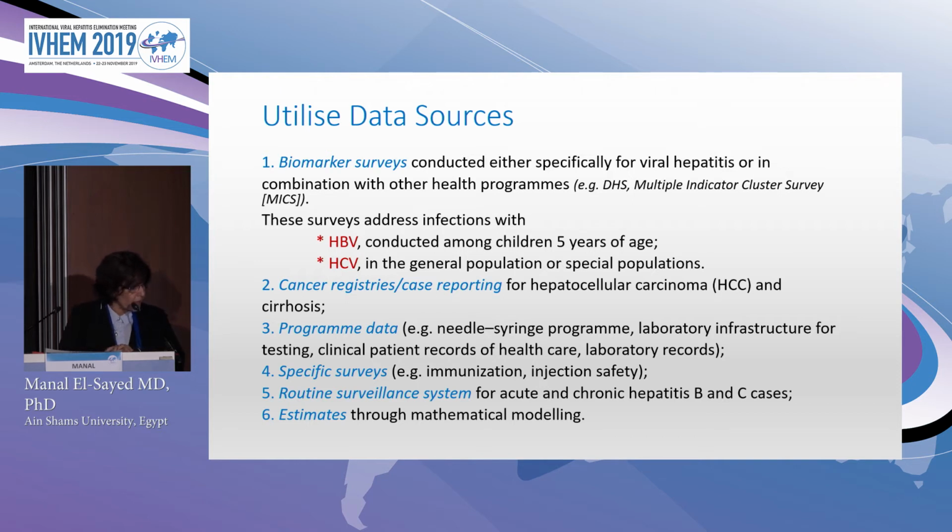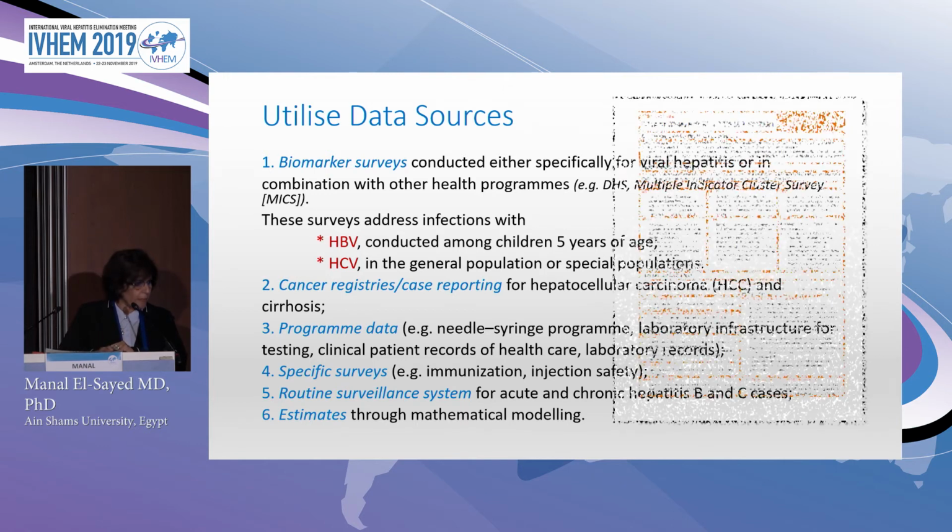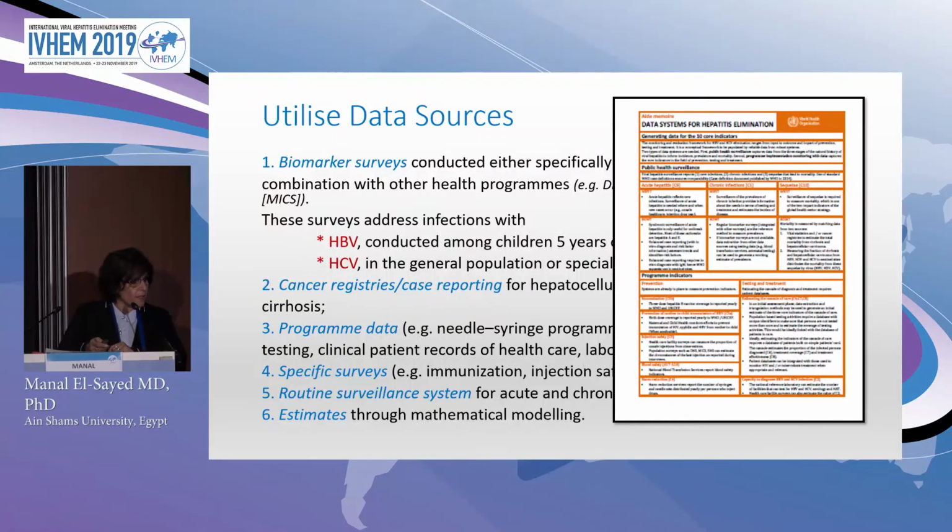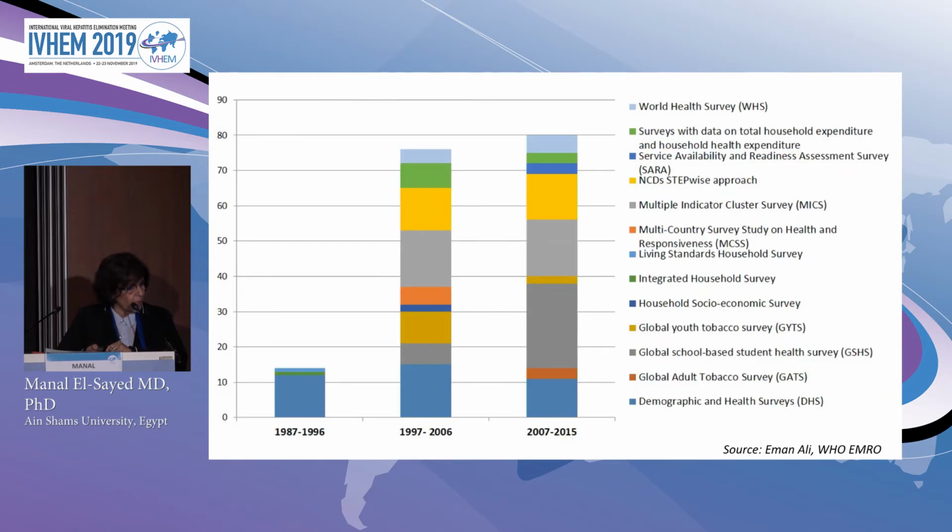Program data like needle syringe programs, lab infrastructure for testing, clinical patient records of healthcare, lab records, specific surveys for immunization and injection safety, routine surveillance system for acute and chronic HBV and HCV cases, and estimates through mathematical modeling. And you will find the data systems for hepatitis elimination. There are lots of tools on the WHO site and WHO guidelines.